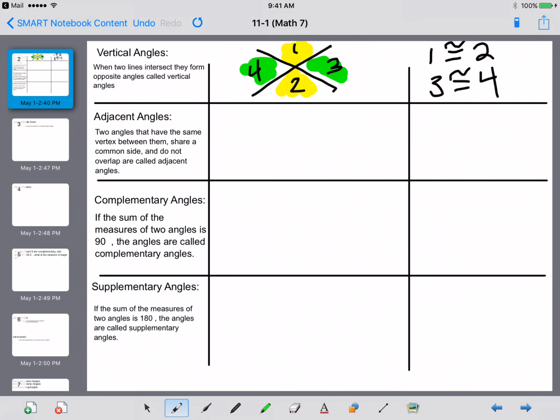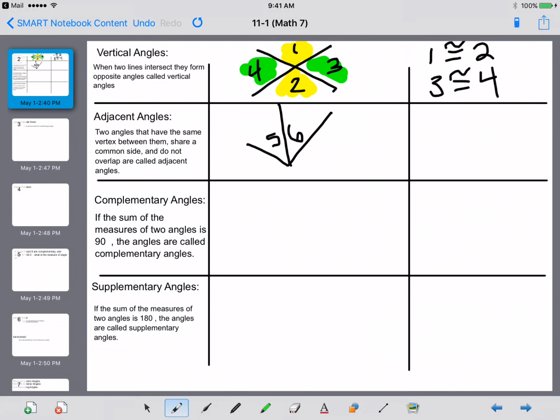Moving on down to adjacent angles. That is two angles that have the same vertex between them, share a common side, and do not overlap, are called adjacent angles. So they say it's like this, and then there's one more popping out here. So 5 and 6 here.